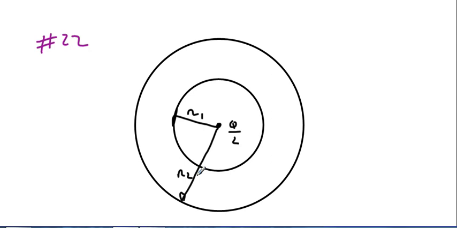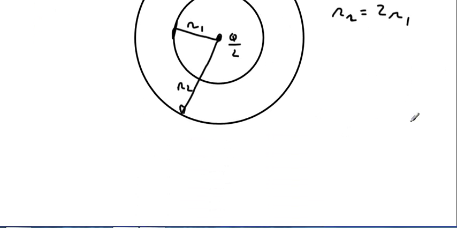And radius 2 is equal to 2 radius 1. Okay, so that's good. The conductor has charge Q, and at the center I have a charge of Q over 2. Okay, so I have the picture correct.